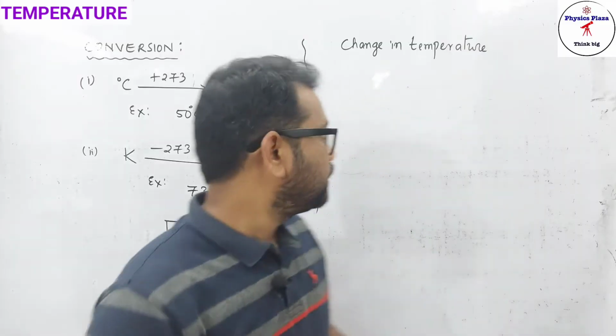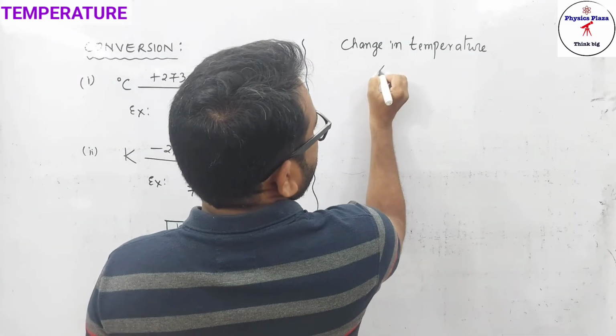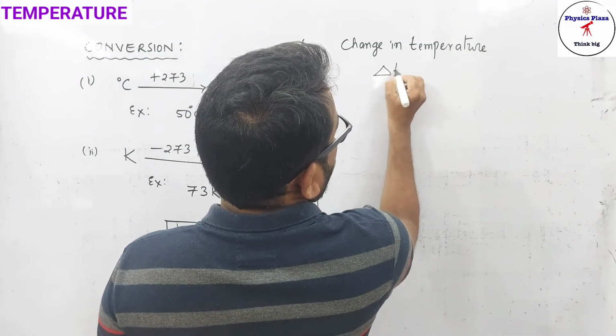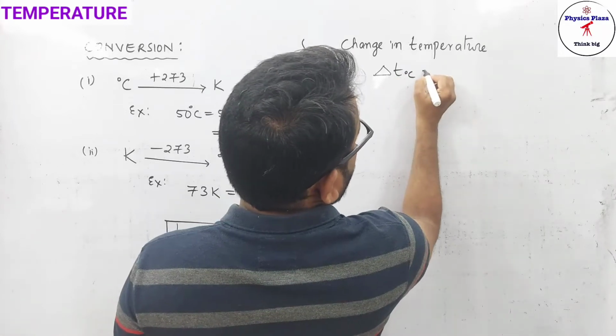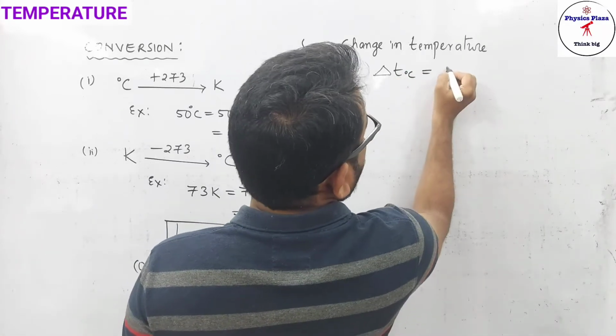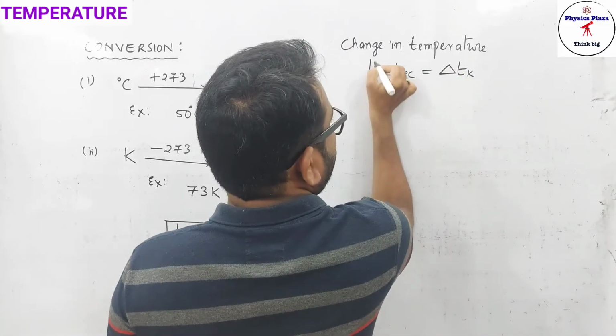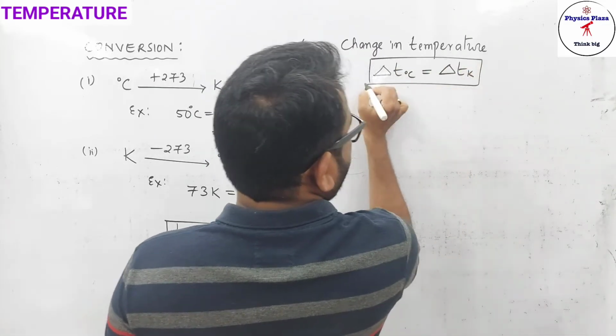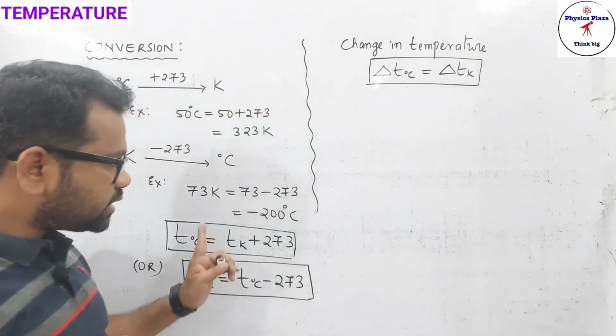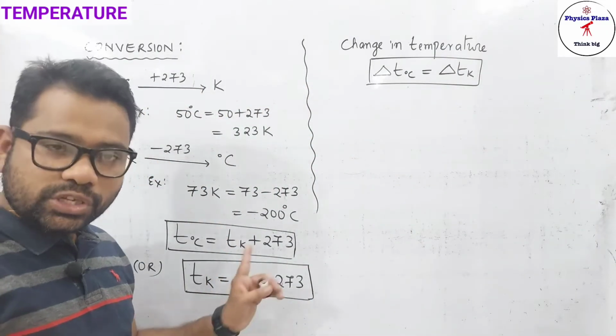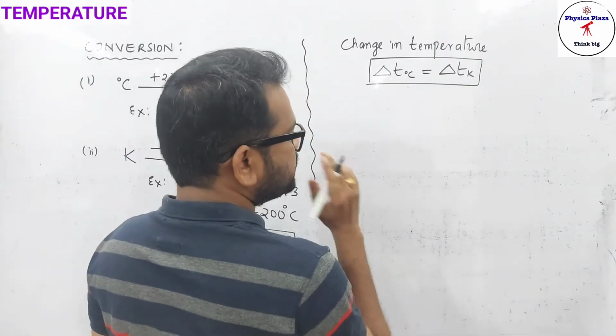Is it clear? Fine. So change in temperature in the Celsius scale is equal to the change in temperature in the Kelvin scale. Children, don't get confused. Here we are talking about the change in temperature, not just the temperature.